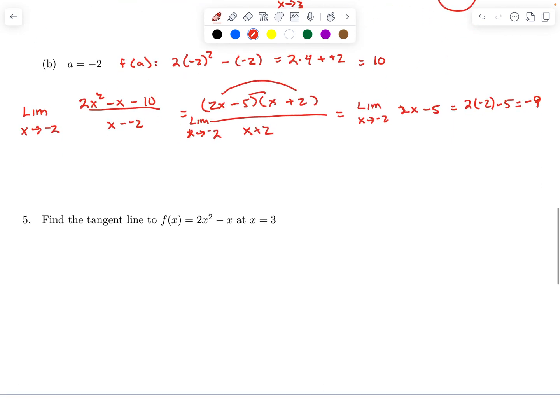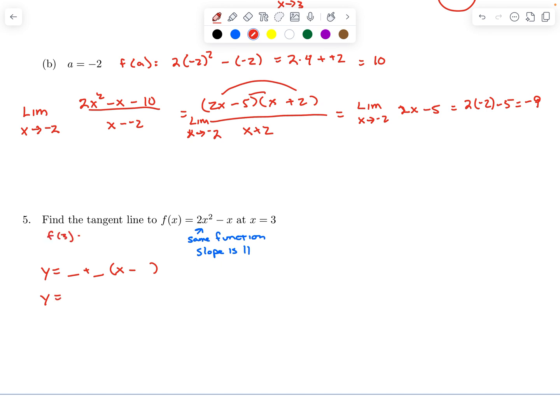Okay. Tangent line to the same, say, okay, so again, point slope form. What is f of 3.